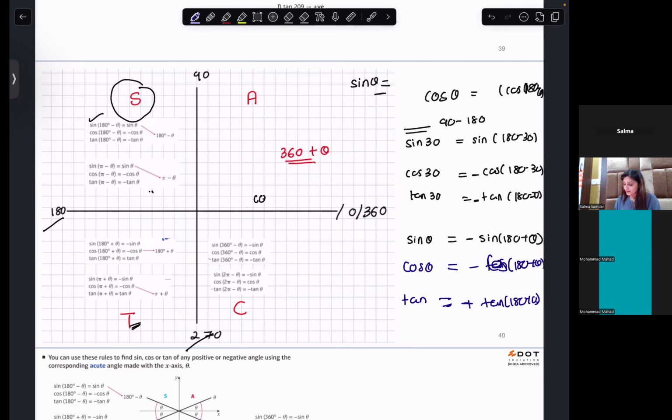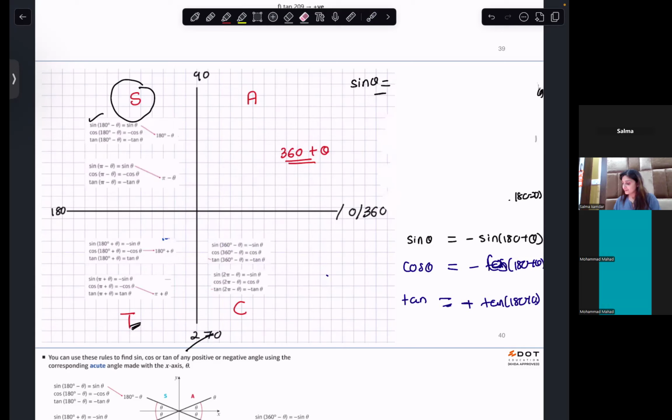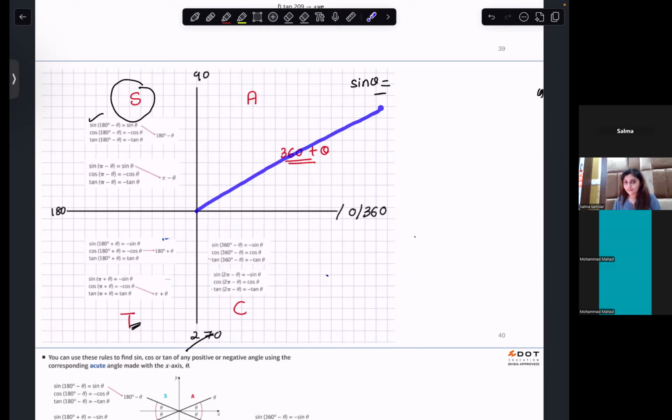Over here it would be 360 minus theta, and this would be 360 plus theta or only theta. Are you with me? Come on, let's look at the lines. This is theta or 360 plus theta.